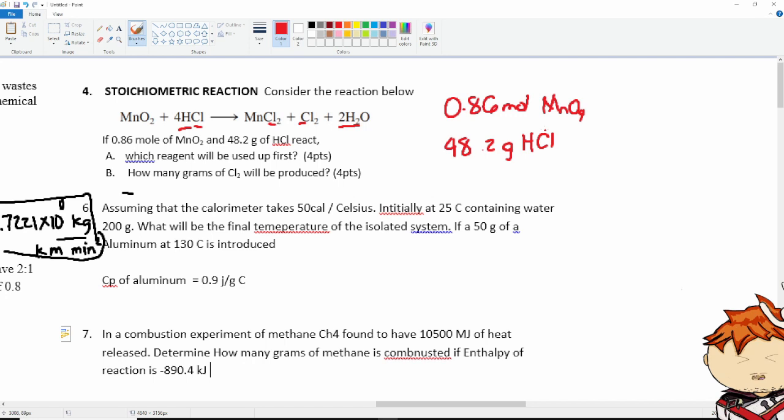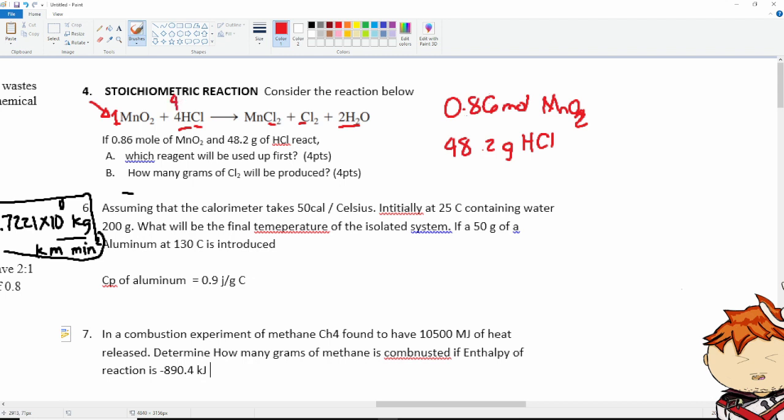So first off, a reaction happens in molecules. For every 1 molecule of MnO2, not MnO4, we need 4 molecules of HCl.